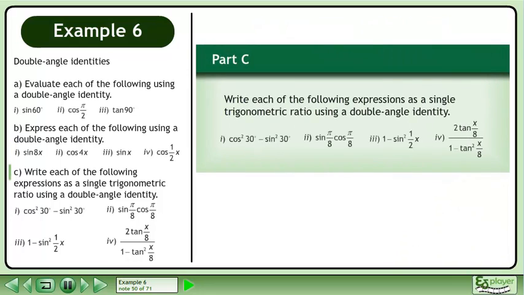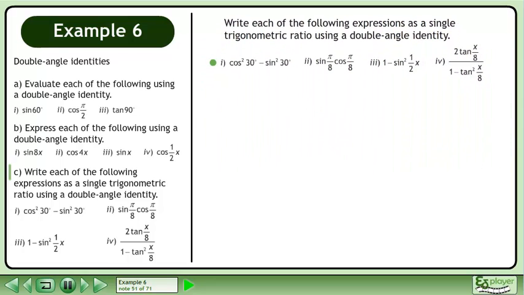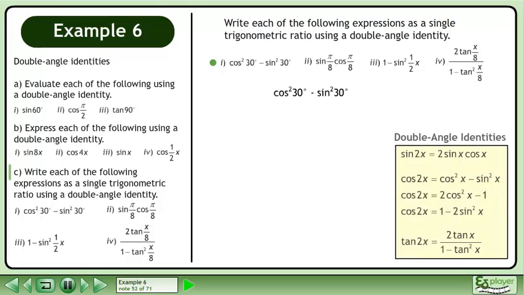Now we'll move on to part C. Write each of the following expressions as a single trigonometric ratio using a double angle identity. We write the identity. Bring up the double angle identities. We'll use the first double angle cosine identity.